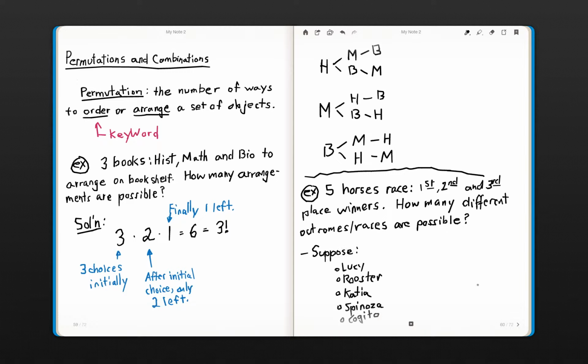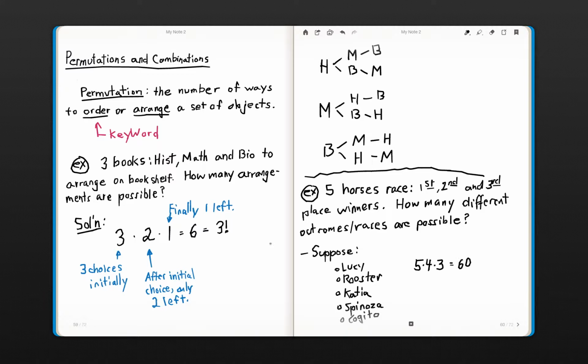I'm putting a little different spin on the problem here, just trying to show you different flavors in which these problems can arise. But here we have 5 choices for first place, 4 choices for the second place, and then 3 choices for third place, which is equal to 60.